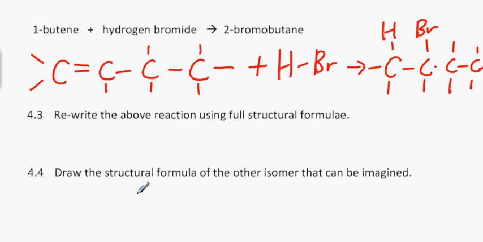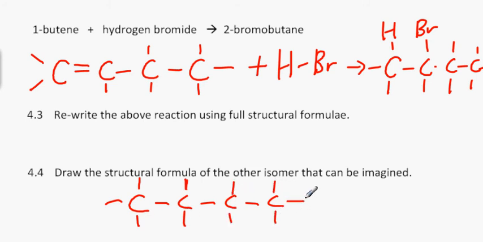Question 4.4 asks you to draw the structural formula of the other isomer. Now if we just draw the backbone as we drew earlier, I said when answering 4.3 that to work out which isomer is formed, you need Markovnikov's rule, and we decided that the hydrogen would go on carbon 1 and the bromine on carbon 2.